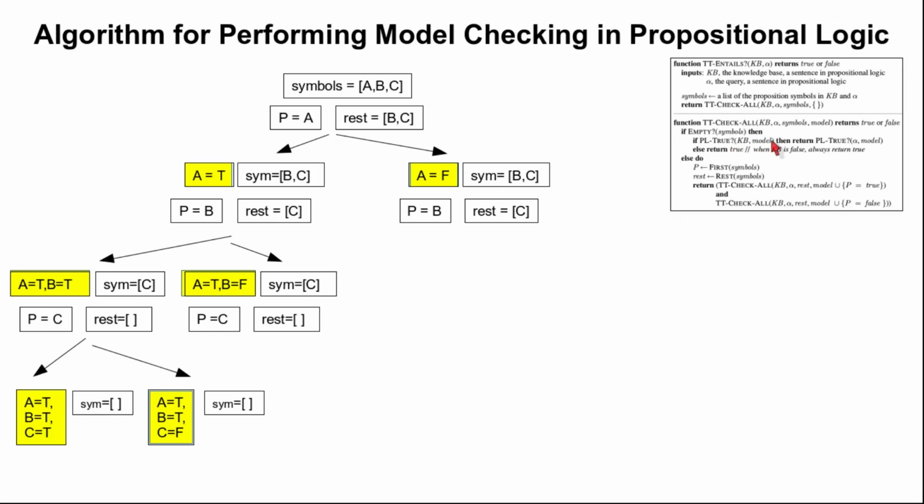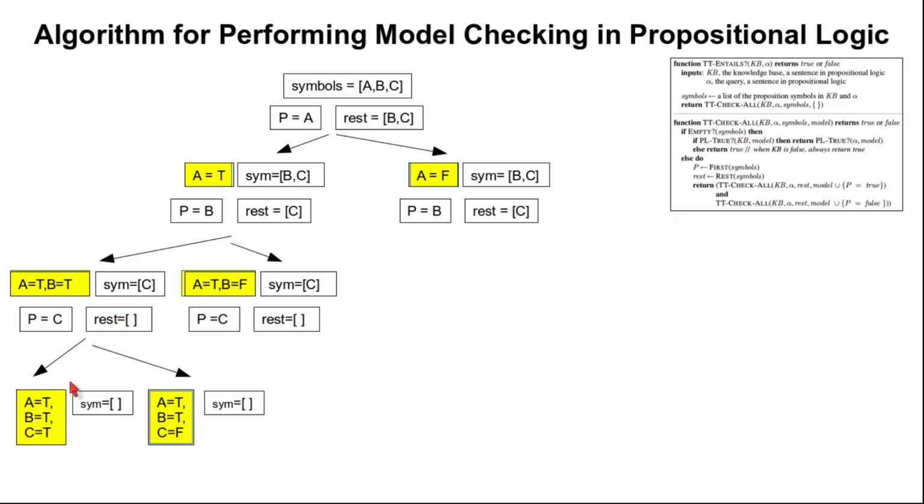So when knowledge base is true, then if alpha is also true, then we will return true. Else if alpha is false, then we will return false, which means alpha cannot be entailed. If we return false, it would mean that we cannot entail alpha from the knowledge base. However, if knowledge base is true and alpha is also true, we will return true from this call.